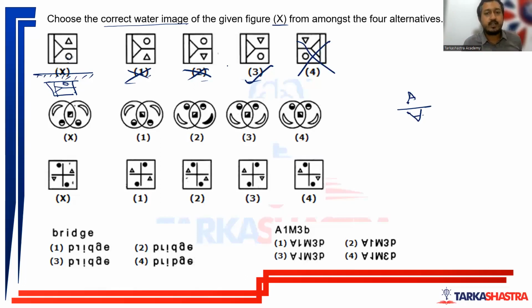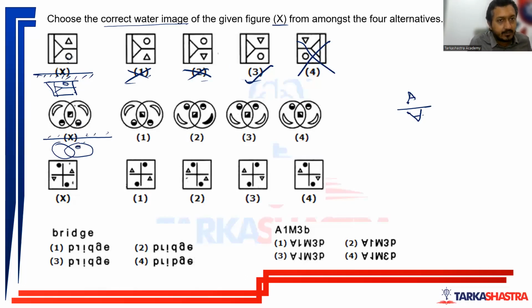Try to solve for this one. Water image. So water image will be something like this. There are two circles. This circle will come up and will have upper part shaded.